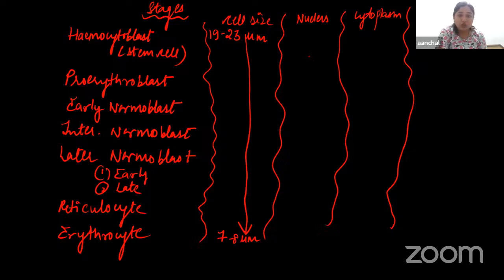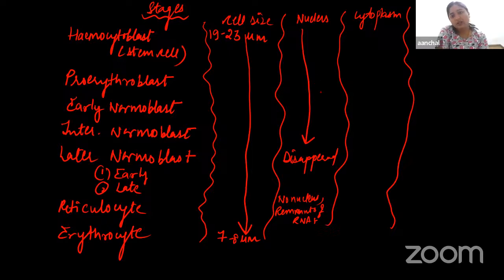That is late normoblast. Okay, disappeared. And in the reticulocyte, no nucleus is there, only some remnants of RNA present. And the size will decrease till this stage.